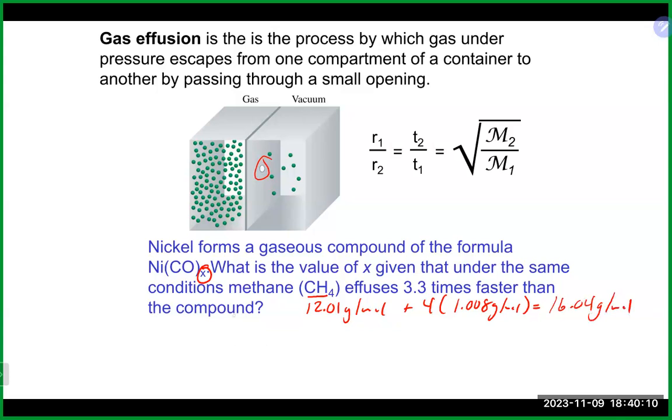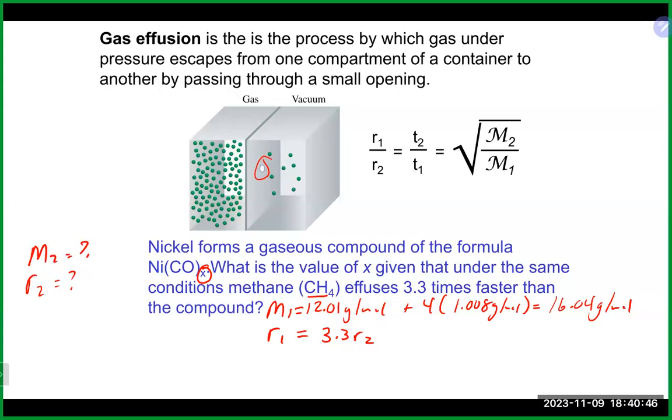So we could call this M1, our methane, and we would know that R1 is going to be moving 3.3 times faster than the compound. So that's basically 3.3 times R2, which would be our unknown. And our M2 here would be the molar mass of our unknown. So we could use that information and the formula that we see there to help us solve this.